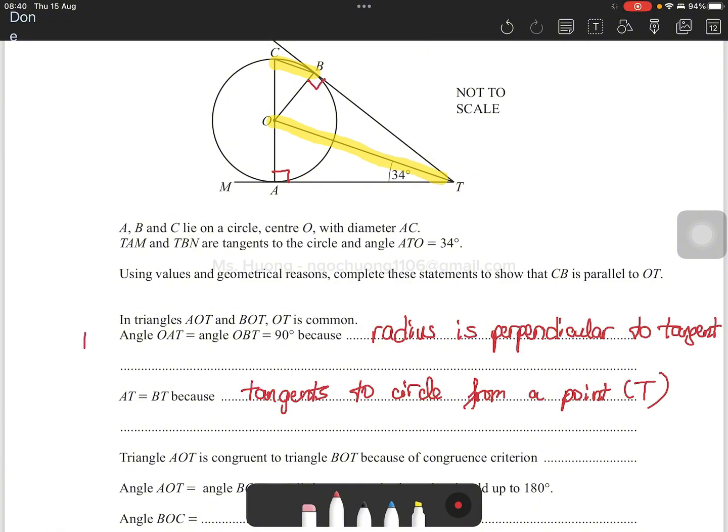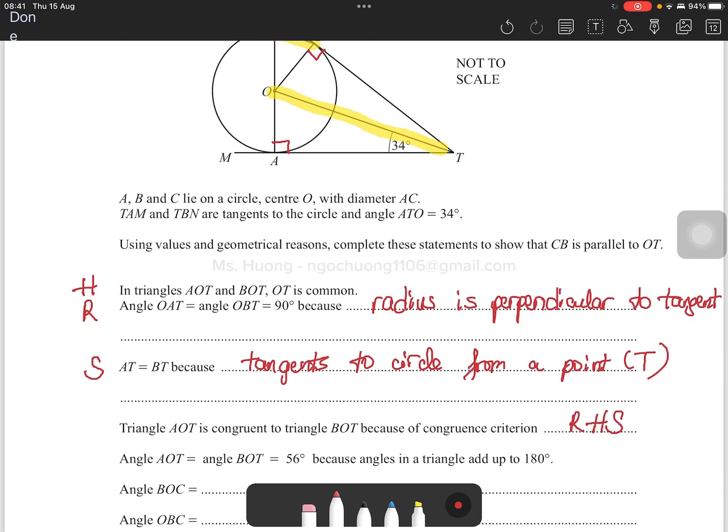First, we see that these two triangles are right angle triangles. And then AT is equal to BT. They are the side. Finally, OT is a common side. OT is actually the hypotenuse of these two right triangles. So the criterion is right angle hypotenuse side.